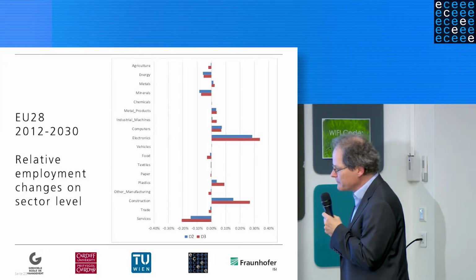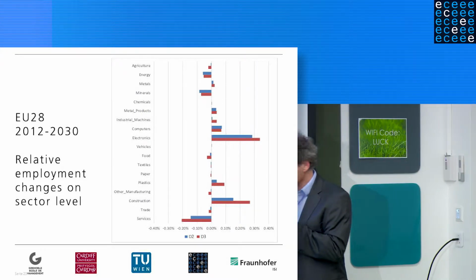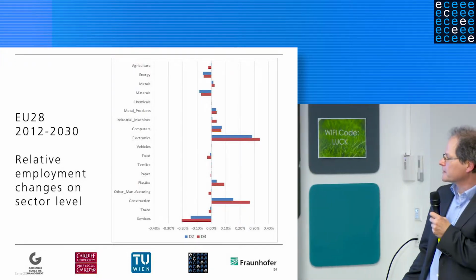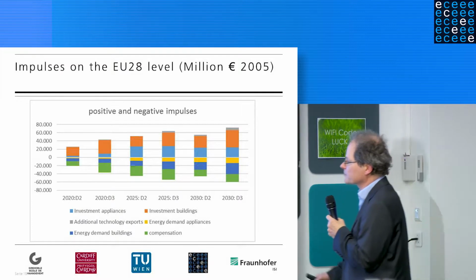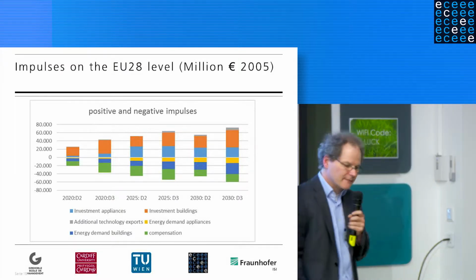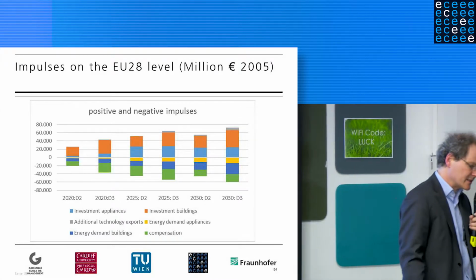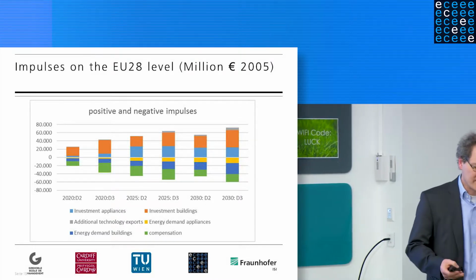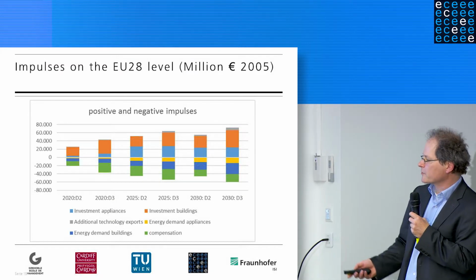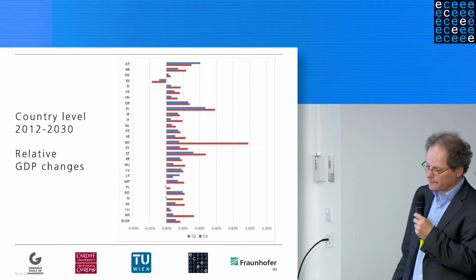Also, among the losing sectors, the service sectors, and that has to be interpreted with regard to that picture. A lot of the consumption, which is the compensating impulse, is going into the service sector, and therefore the service sector is here negative.